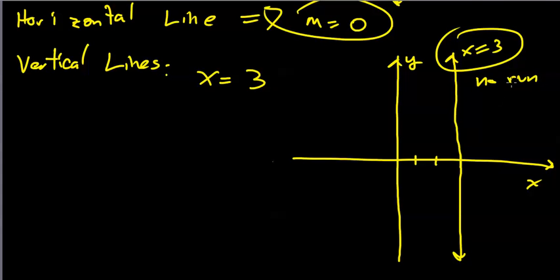The x-coordinate never changes. So no matter how much of a rise you've got in y values, there will be no run in a vertical line.